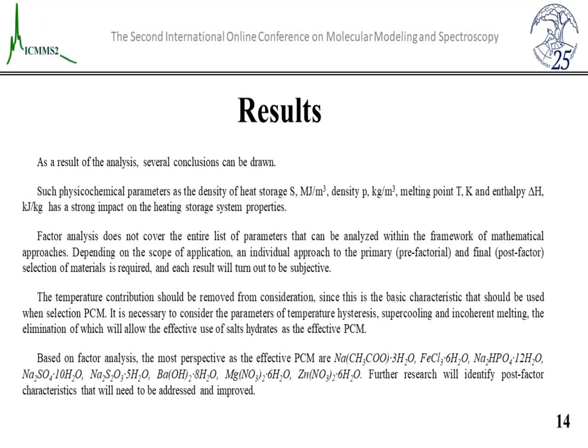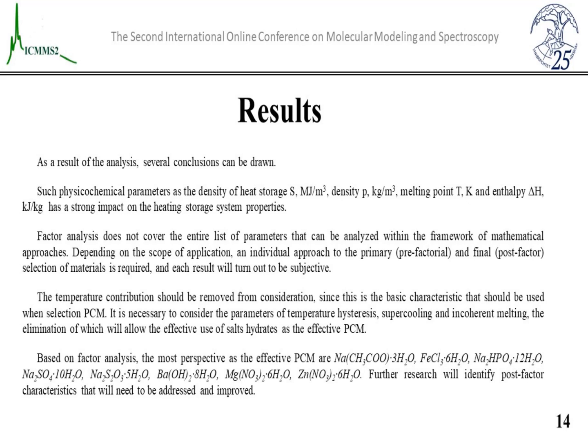Further experimental work will show how rational the choice is, but even now we can say that the selected salt hydrates have a high potential. Thus, zinc nitrate hexahydrate melts congruently. Barium hydroxide, in the temperature range from 60 to 70 degrees Celsius, is the only suitable material.